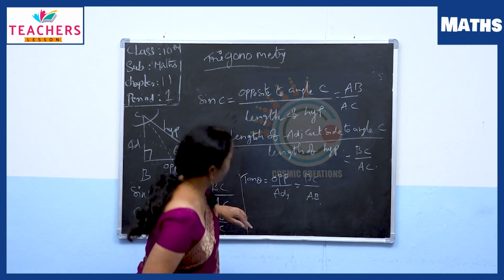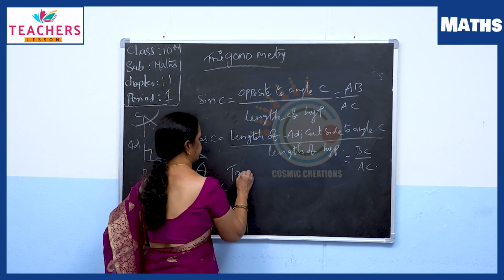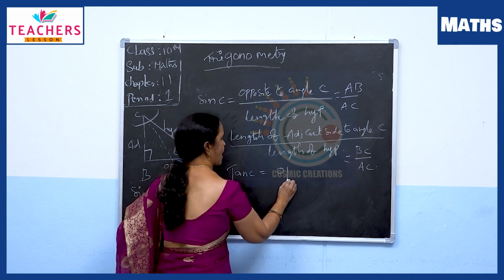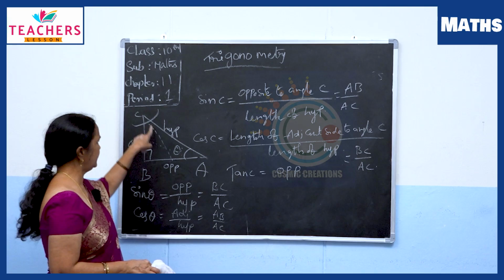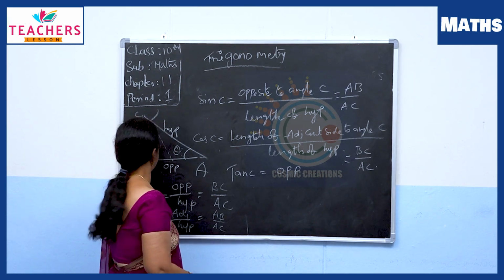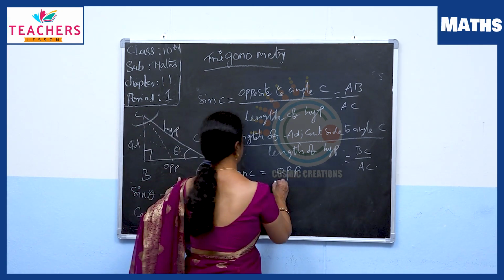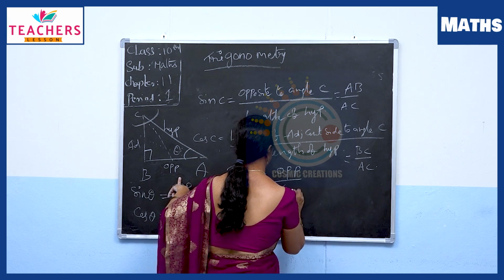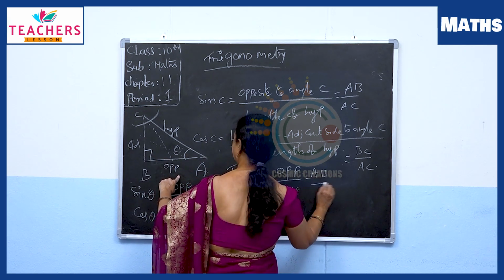Okay. Next tan C, with respect to angle C, tan C is equal to opposite by, shall I write directly, adjacent? Okay, opposite is AB by BC.